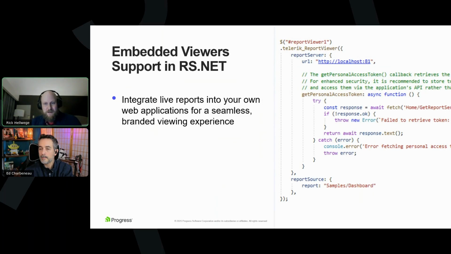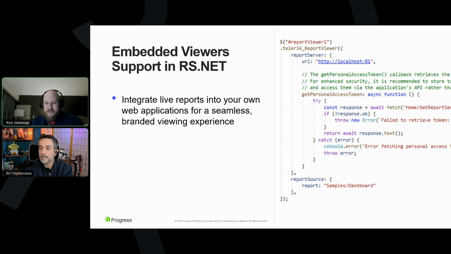As I mentioned, the embedded report viewers, in this case one of our HTML5 report viewers. There's a great number of these available for various UI endpoints, but embedded viewers for reportserver.net allow you to connect to, again, that reportserver.net backend, which may be your report repository, using those access tokens.